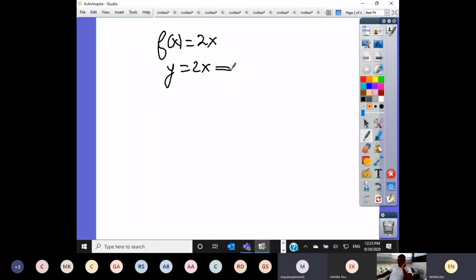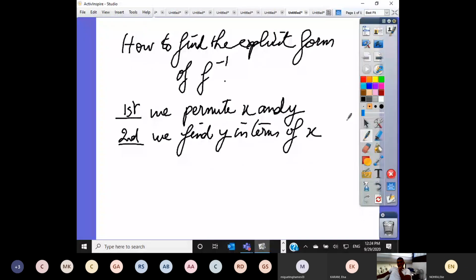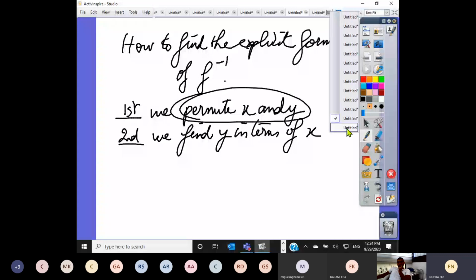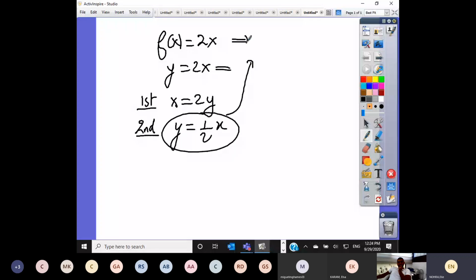First step, x equals 2y. I permuted x and y. Then, second step, we find y in terms of x. Y equals half x. This is why we say that f minus 1 of x is half x.